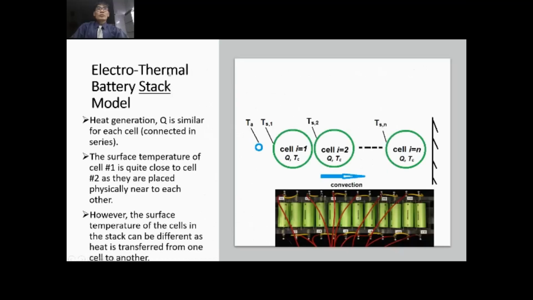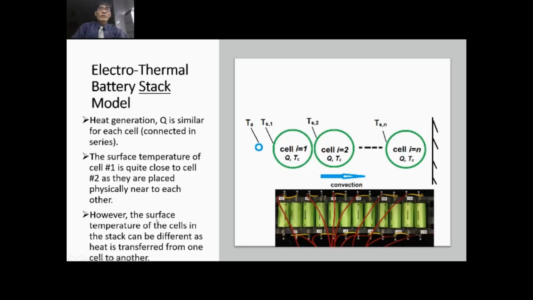So for the electro-thermal battery stack models, you can see that the heat generation Q is equal to I squared RD, as I mentioned in the previous slide, and is similar for each cell. We assume that the cells are similar and connected in series, and the surface temperature of cell number 1 is quite close to cell number 2, because in this arrangement they are quite close together. They are not touching one another, but they are close.